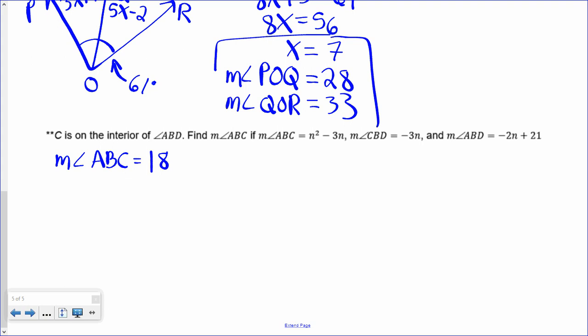Okay, wait, so find the measure of ABC. Alright, does anybody have any questions on this one?